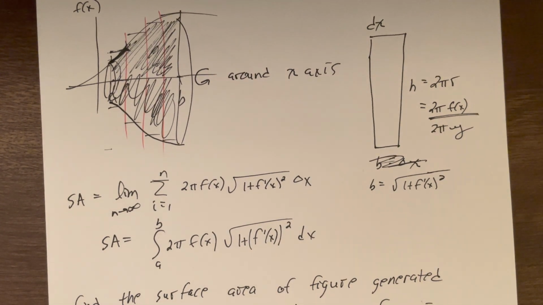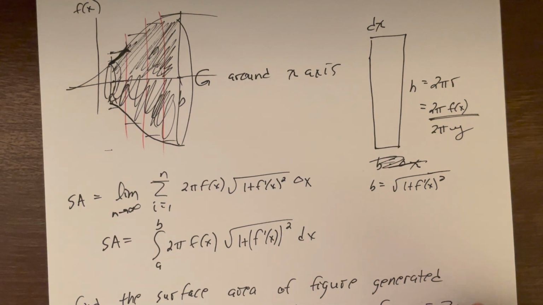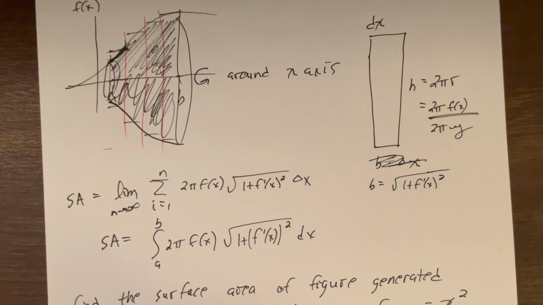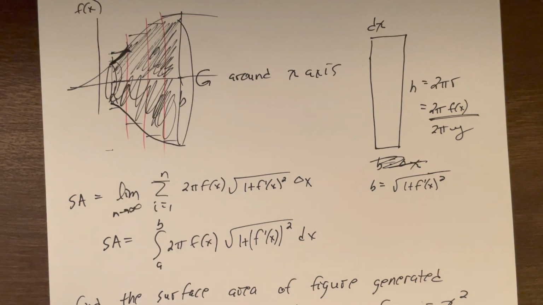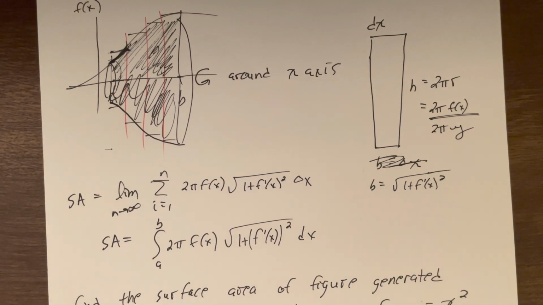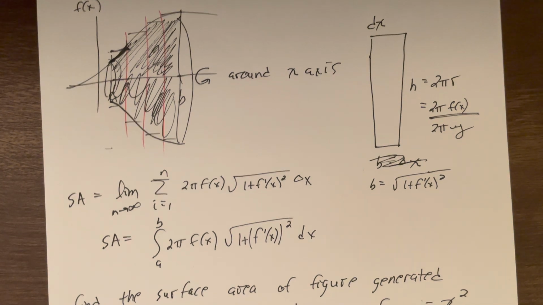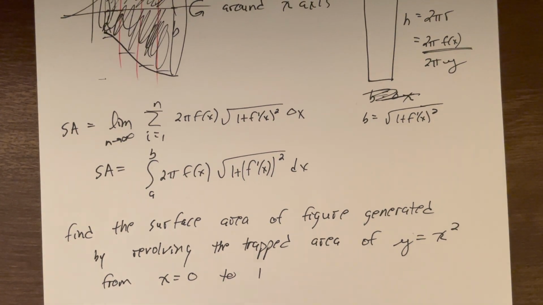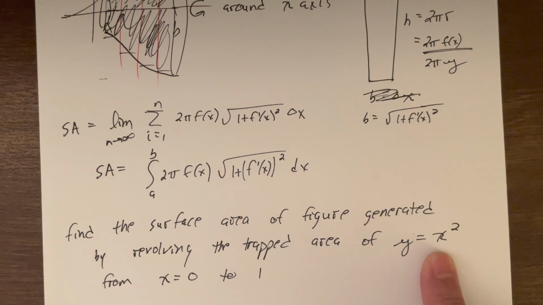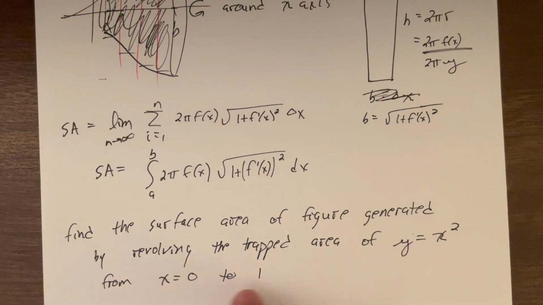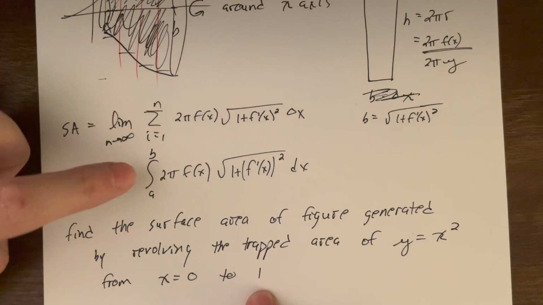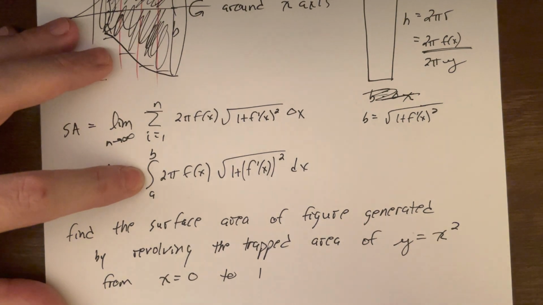Let's do y equals, let's keep it simple, y equals x squared from x equals 0 to 1. There's my function. Again, y, f of x, whichever way you want to treat it. There's a, there's b. The only thing missing for the setup is that I need the derivative.